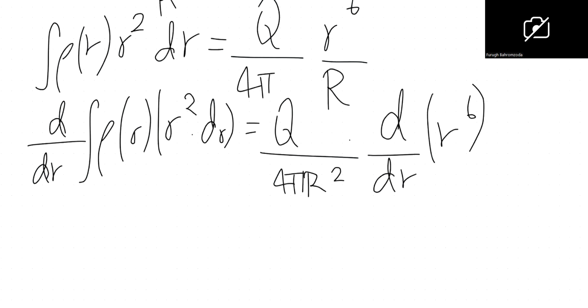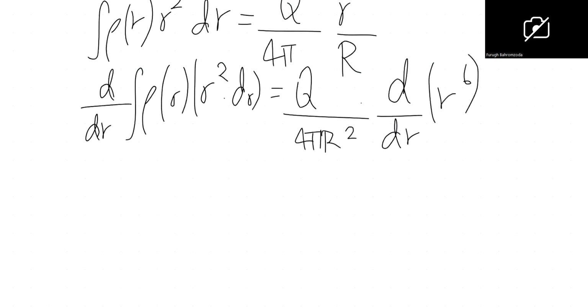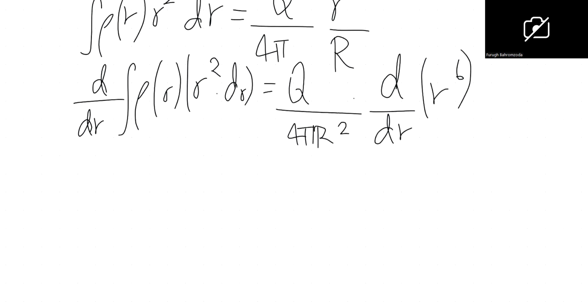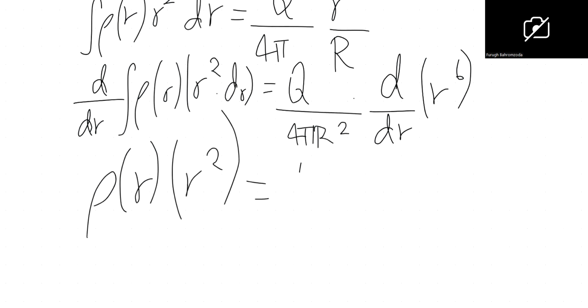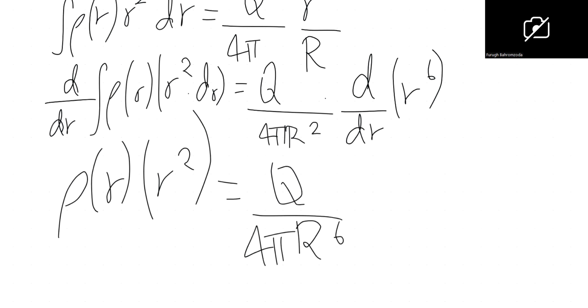You see this, guys? And now it will be pi r squared, so Q over 4 pi times r to the power of 6, giving r to the power of 5.